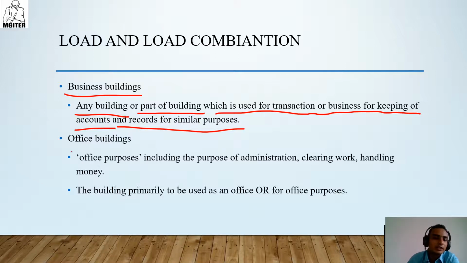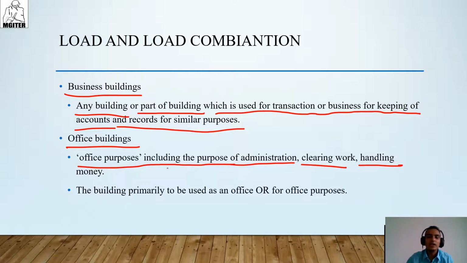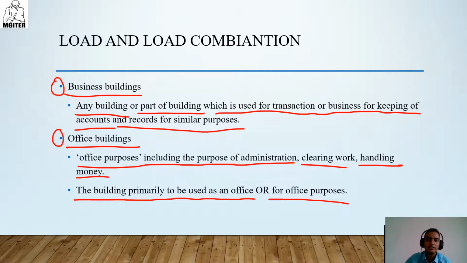Then after, office building: office purposes including the purpose of administration, clerical work, handling money. The building primarily to be used as an office or for office purposes. There's a little bit of difference between business building and office building.